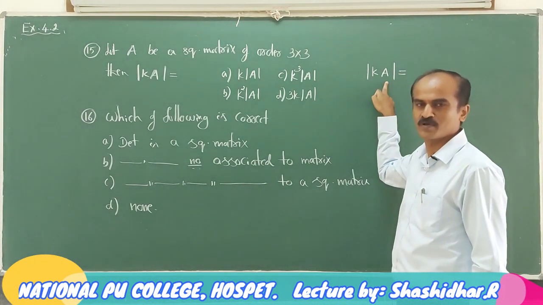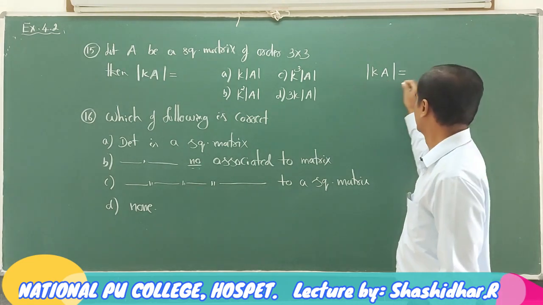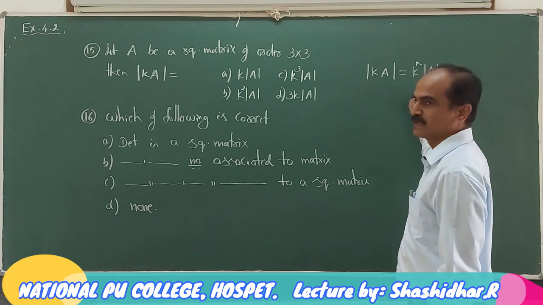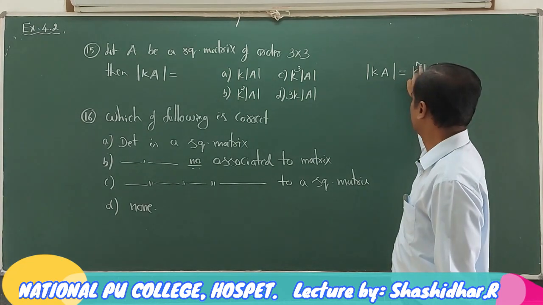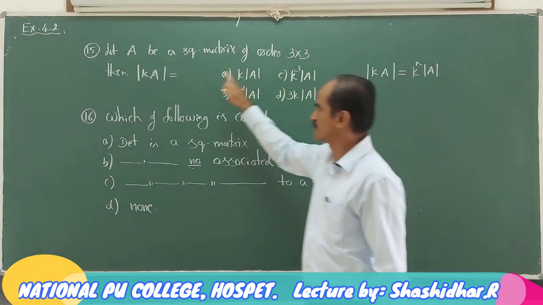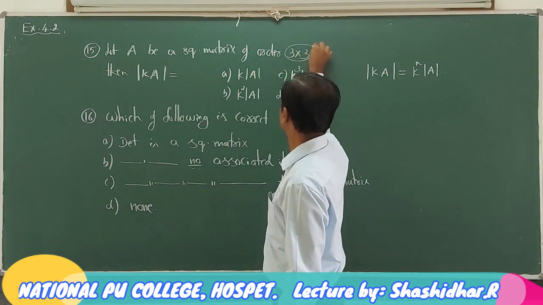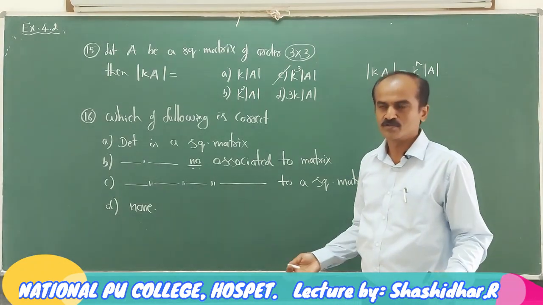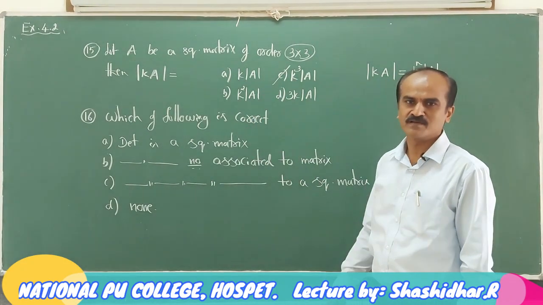If A is a square matrix of order n, then it is k to the power of n times determinant of A, where n is the order of the matrix. What is the order of the matrix here? 3. Therefore, which is the right option? Option C. If it is order 2, k square times determinant of A it will be.